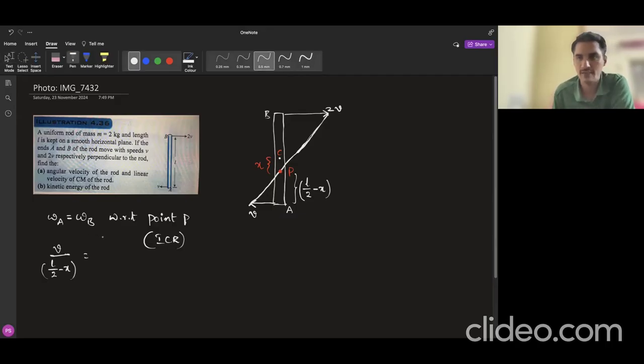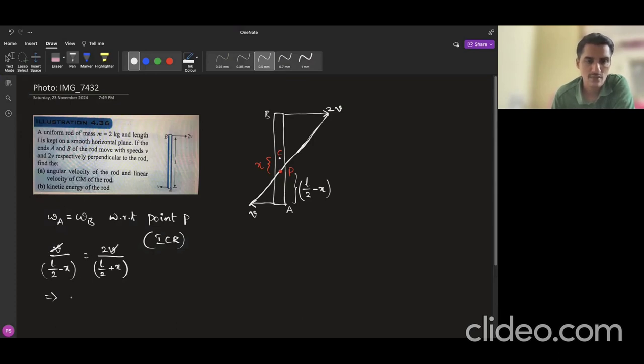What is omega B here? Again, 2V by the perpendicular distance, which is from point P to point B. That is L by 2 plus X. Now V gets cancelled.